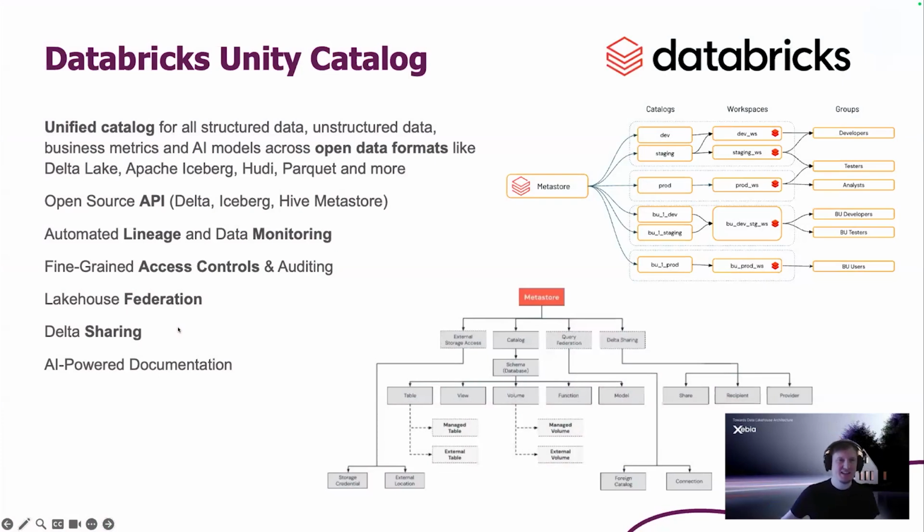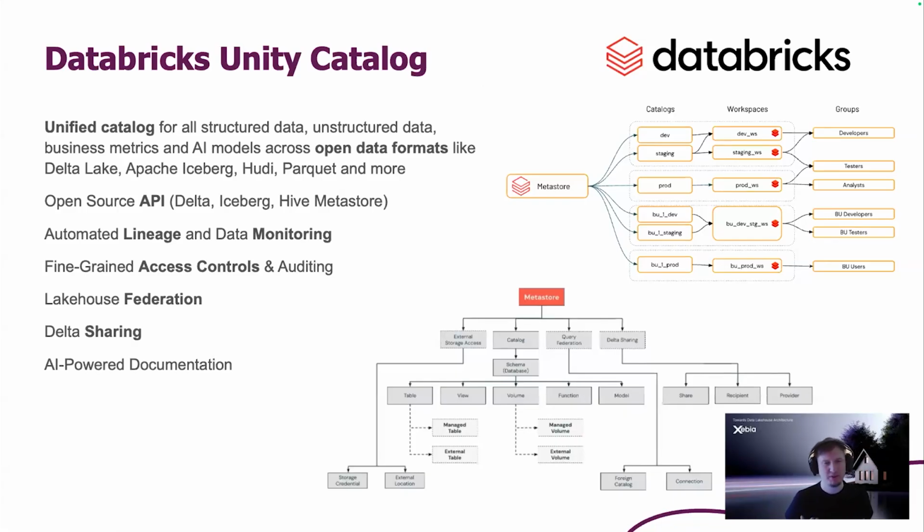Okay, let's start from our first example, Databricks Unity Catalog. This is one of the most popular and recognizable data catalogs on the market. This catalog is created by a company called Databricks.